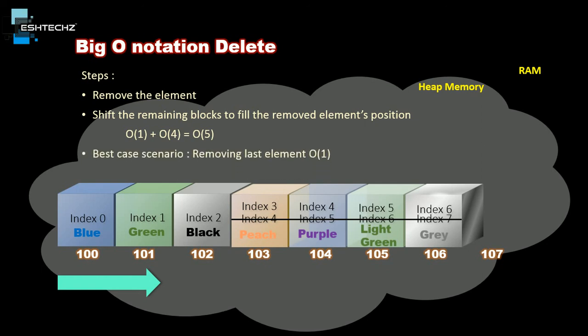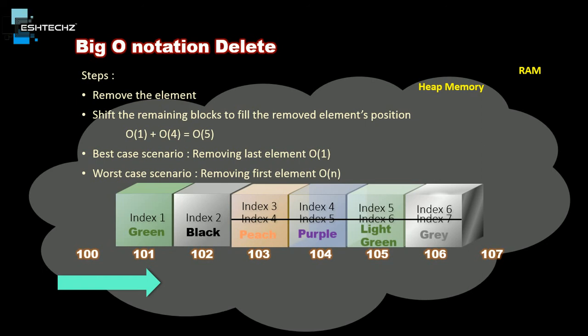Now let's take a look at the best case scenario. So if we were to remove the last element, which is this one, the big O notation will be O of 1 because there is no next element that we want to shift. Now let's take a look at the worst case scenario. So now if we were to remove the first element, then JVM has to shift all the remaining elements to fill the gap.